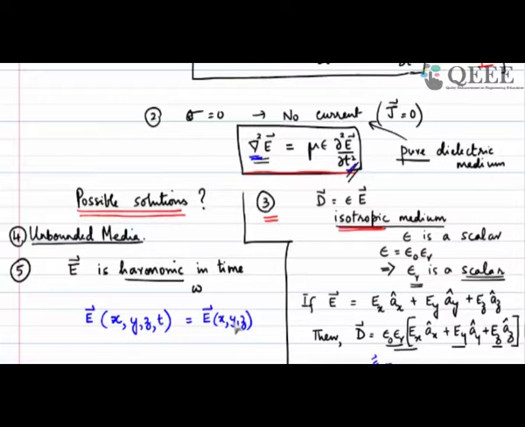Yesterday I drew some examples of vectors changing as a function of position. But when I say harmonic, it means the time variation is given this way. I will write this vector as E, which is a function of only x, y, z, and the time dependence is contained here, e power j omega t.